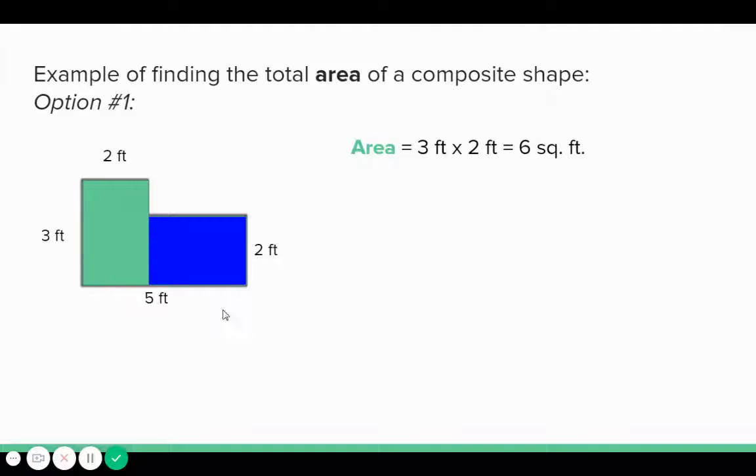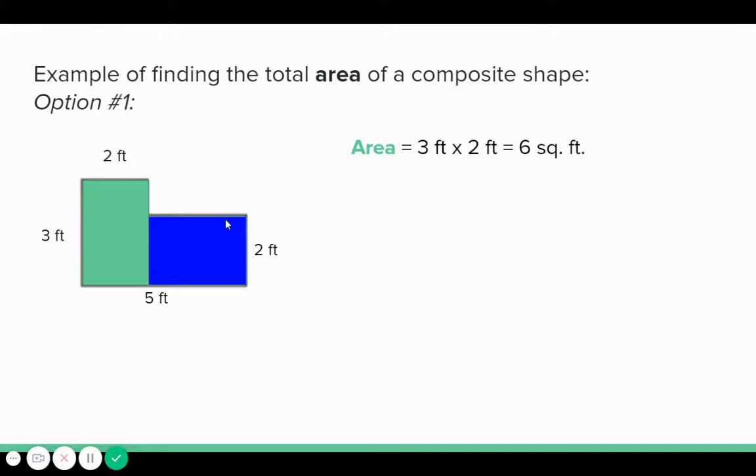Now the remaining area we're going to shade blue, so that's going to be a second rectangle, a blue rectangle, and we do have the width, but we're missing the length. Now let's not get confused with this 5 over here. This 5 is taking some of the green area and some of the blue area. So this 5 cannot be multiplied by 2 to find the area of the blue rectangle.